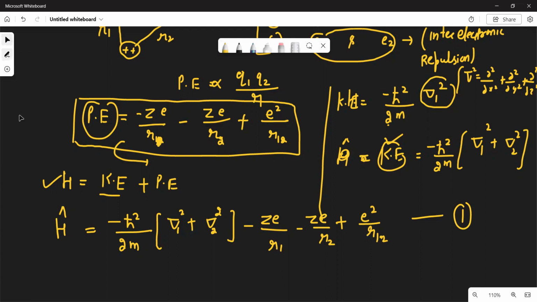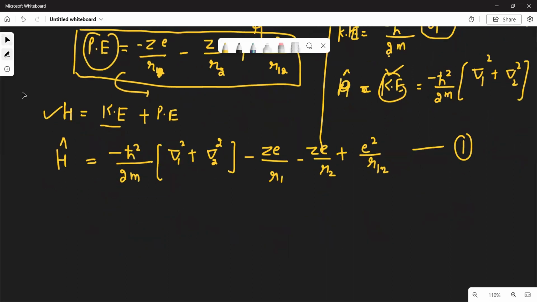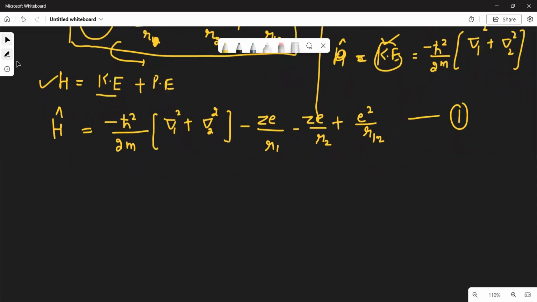Now we will write this Hamiltonian operator expression in atomic units. In atomic units, h cross, mass, and charge on the electron are approximately equal to 1. So in the Hamiltonian, in place of h, m and e, we will write 1. Also, we know Z for helium is 2, so in place of Z, we will write 2.